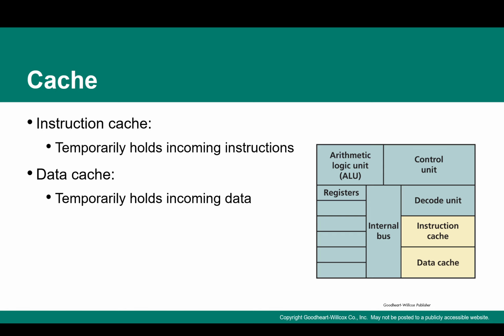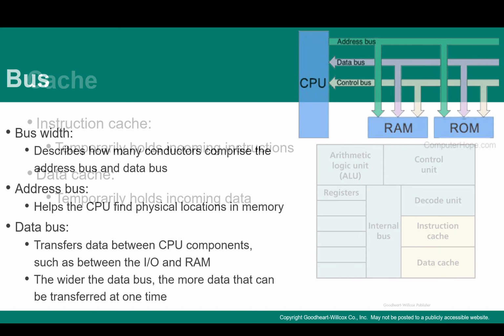That's what the instruction cache does. The data cache has a similar job, temporarily holding the incoming data. Whenever the word cache comes up in this course or in any other smart system, it means a memory location near the CPU or MPU, and the purpose is faster execution, increasing the speed of the overall system.